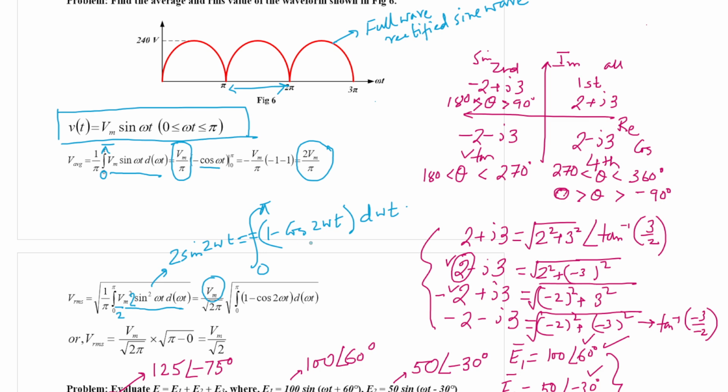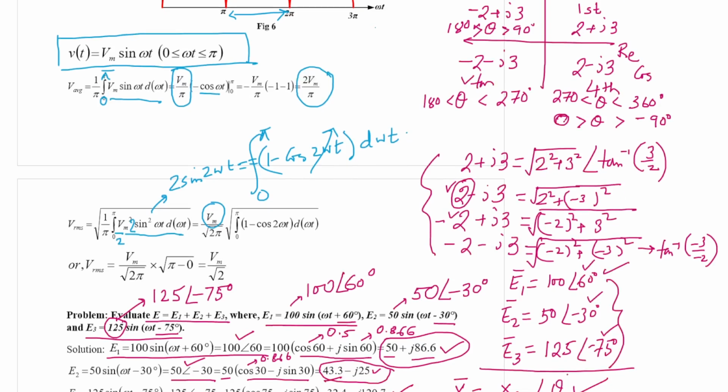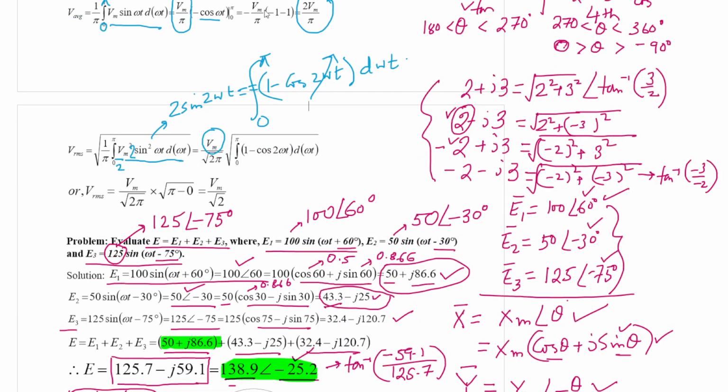Now cosine has 0 value because it is the average value. Sorry, it is not 0 actually.